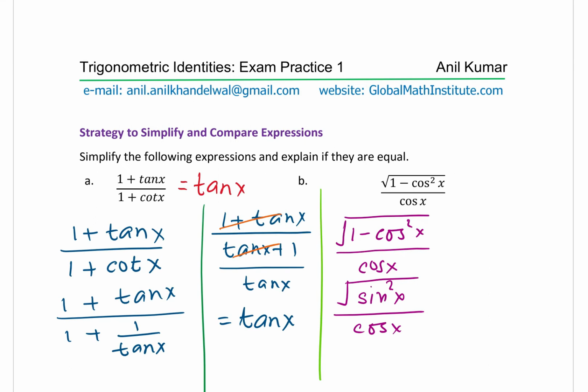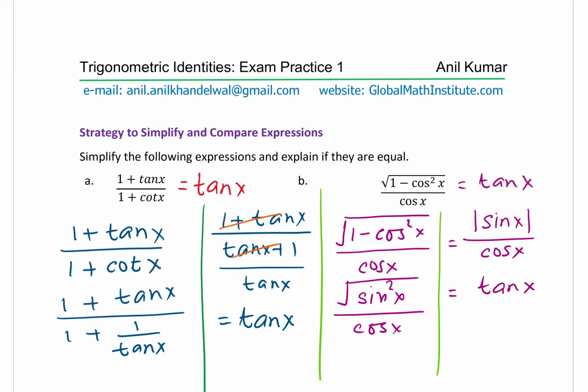So we should write this as what? The numerator actually is not just sine x, it is absolute value of sine x divided by cos x. Well, that does give you tan x. Cos x could be positive or negative. So that could simplify to tan x. So we do get tan x as a result.